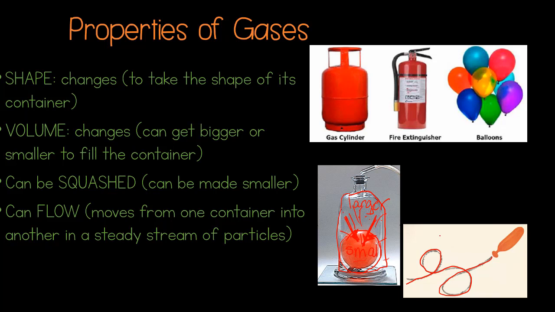So those are the properties of solids, liquids, and gases that we can observe. But what makes them like this? Well, it's all about what's happening with the molecules. It's important to understand that no matter whether a substance is a solid, a liquid, or a gas, that doesn't change the structure of the molecules.